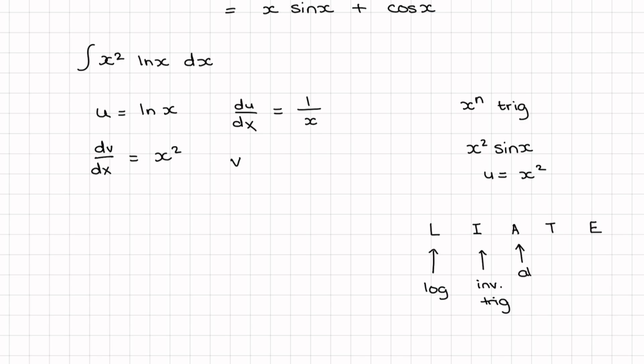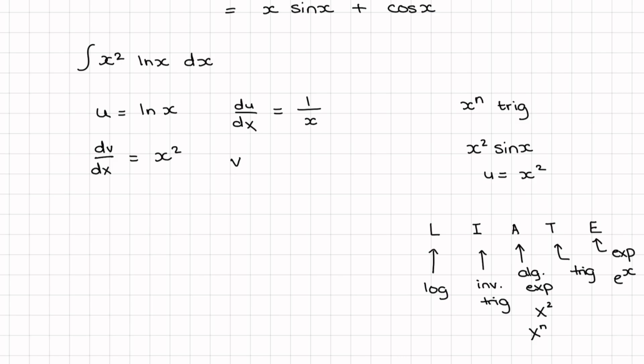A is algebraic expressions, so anything like x squared or just x to the n. T is trig, so sine, cos, tan. And E is exponentials, so for example e to the x. So if you see a function that has logs in it, pick that to be your u.